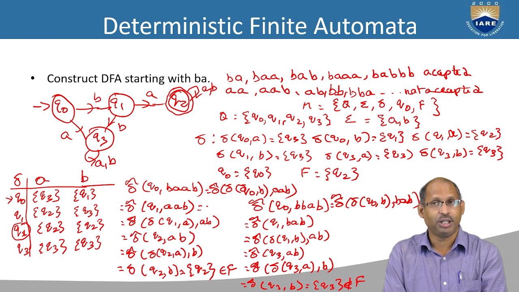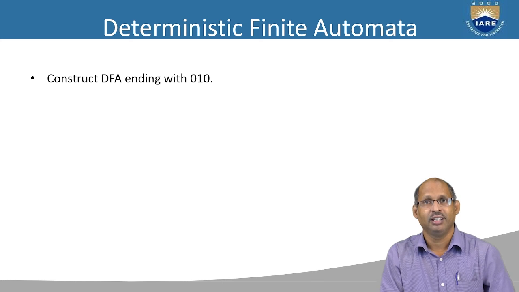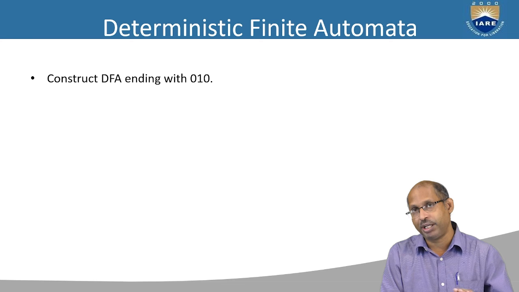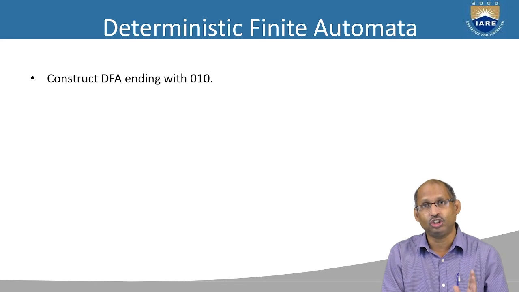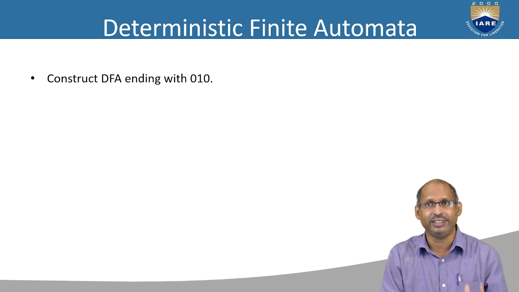So I'm giving one more problem. Practice this one. But what is this problem? Construct a DFA ending with 010. The previous problems we discussed were where the string starts with some condition, 01 or BA, or some starting symbols.